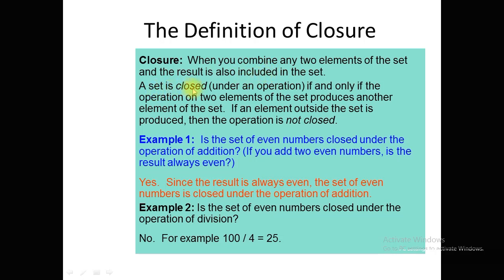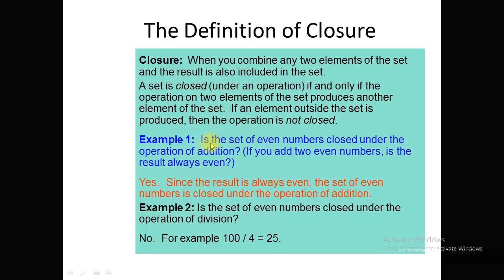A set is closed under an operation like plus or multiplication if and only if the operation on two elements of the set produces another element of the set. If an element outside the set is produced, then the operation is not closed.